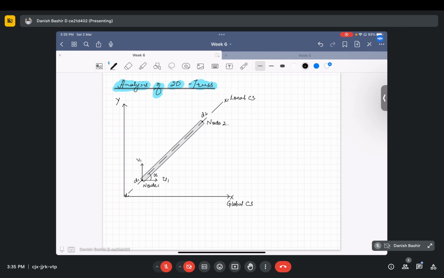The same thing we will do at this node, let that be u2 and v2. Again there will be nodal forces acting on it. So let's make one more diagram.